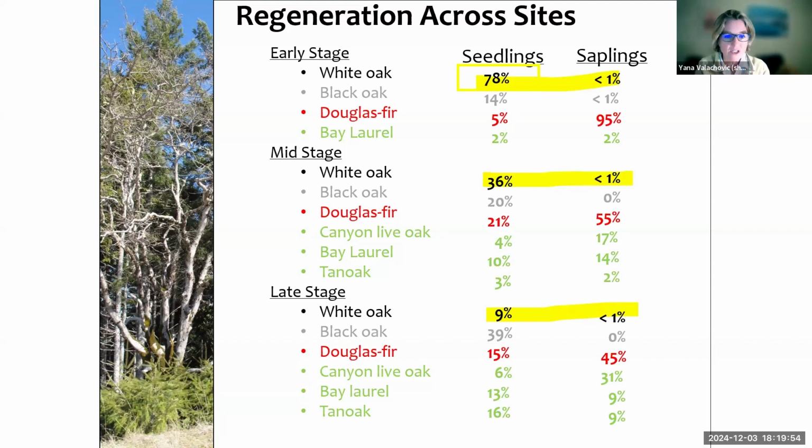So it's what you typically think of as a seedling, but not quite up to the sapling size, where it's greater than 1 inch at 4.5 feet. So we have lots of seedlings being established in these sites in the early stage. And that process begins to decline over time as you move through these stages of encroachment. So that's an important variable to understand.